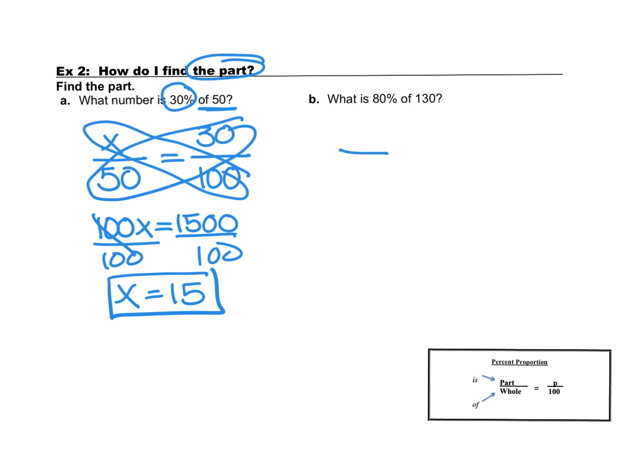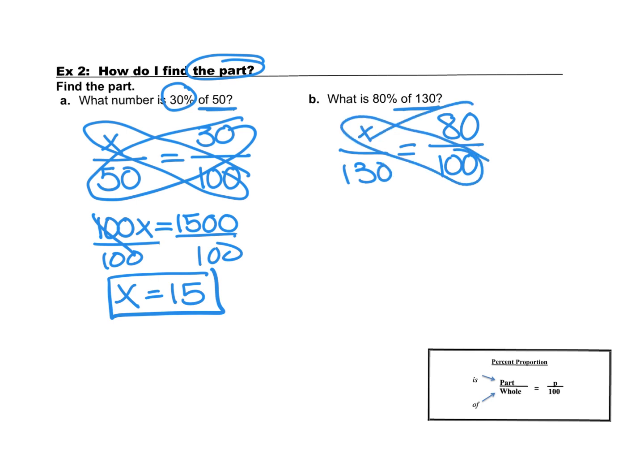All right, so again, we have what is 80% of 130. So I've got our percentage, it's going to be the 80 over 100. And then again, we're given the whole and we're looking for the part. So again, we're going to cross multiply.